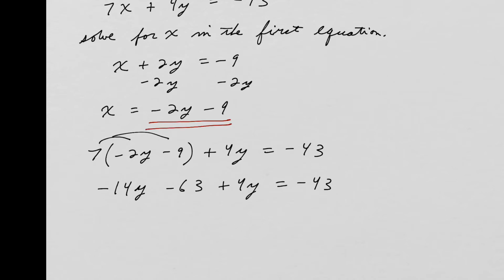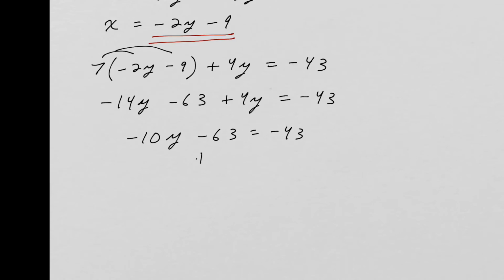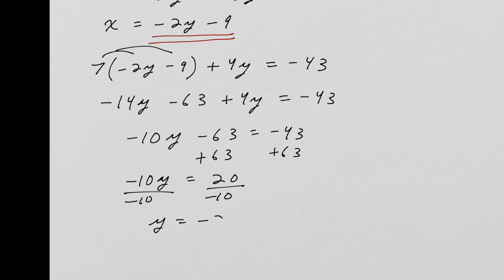If I combine like terms, well, -14y plus 4y is -10y. And then I'll have to add 63, right, to both sides. So I'm going to get -10y is equal to 20. And then if I divide by -10, I'll have my solution for y, right? I get y is equal to -2.